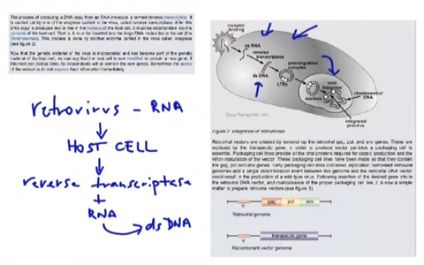So the gene of interest, and you can read this in a little bit more detail here, the gene of interest is actually inserted into the retroviral genome, into its RNA, and then it gets incorporated then into the host cell's DNA.